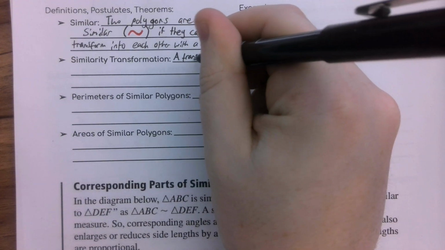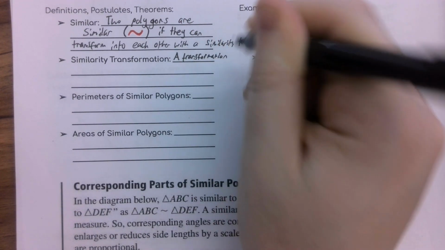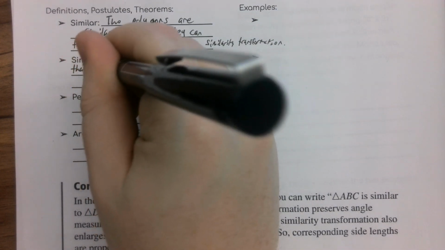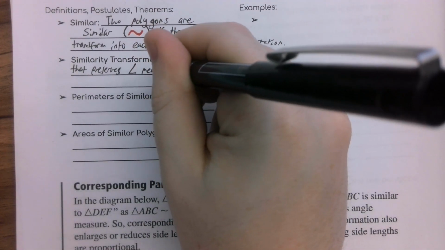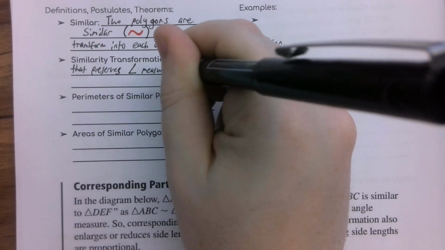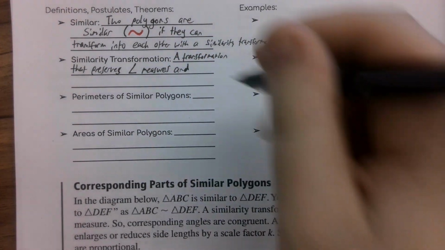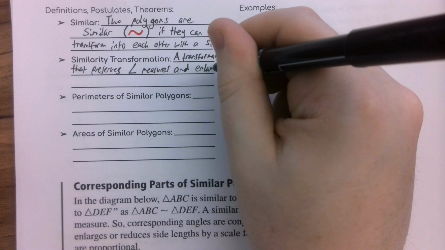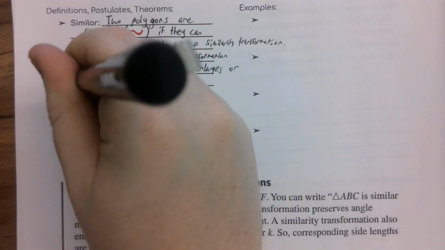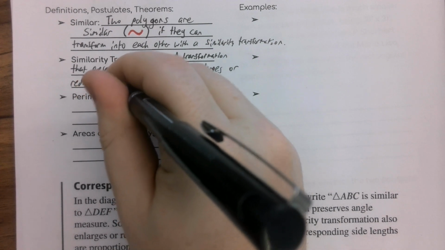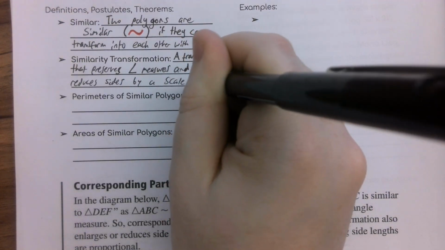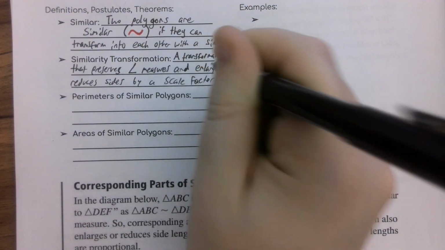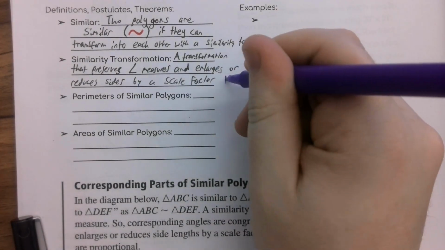A similarity transformation is a transformation that preserves angle measures and enlarges or reduces sides by a scale factor that we call k.